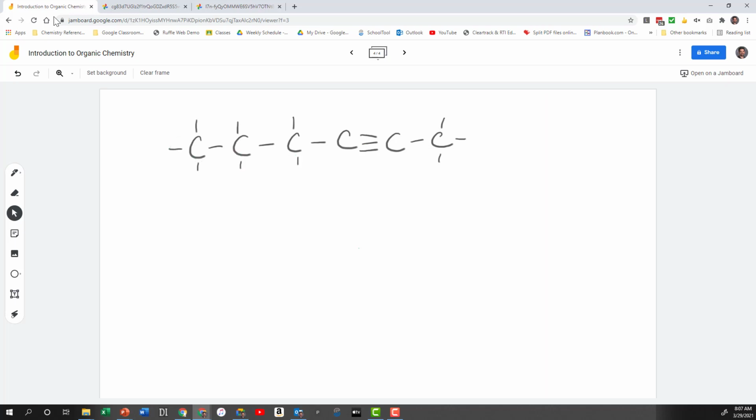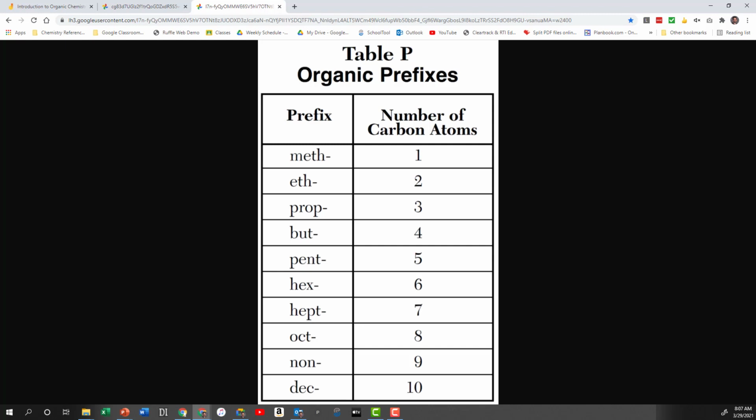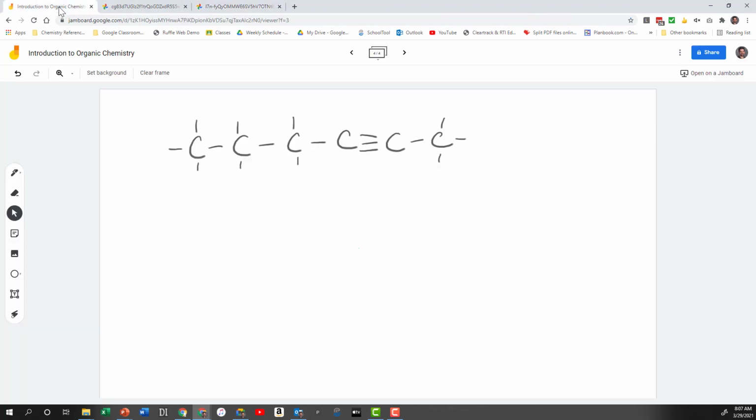Okay, so what is the name of this? Let's count our carbon atoms. We have 6, so we're going to start with hex. This is a hexyne, because it has that triple bond in it. But we need to tell what number it is because we could put that triple bond in several different locations.